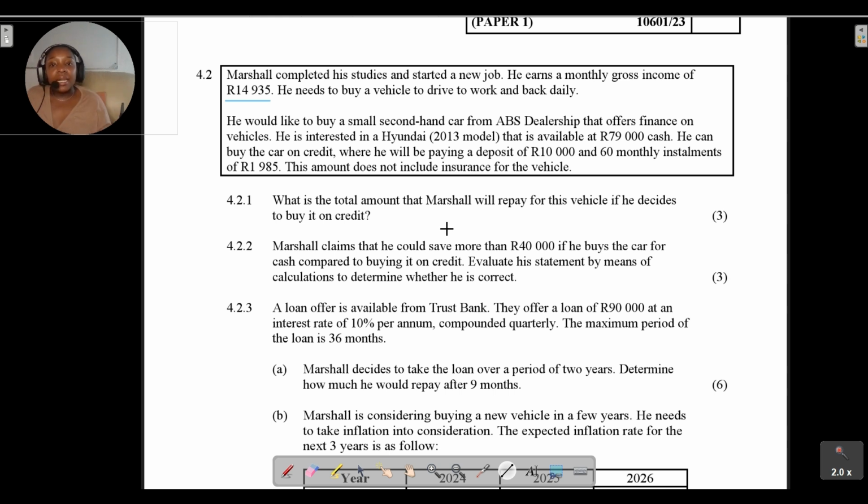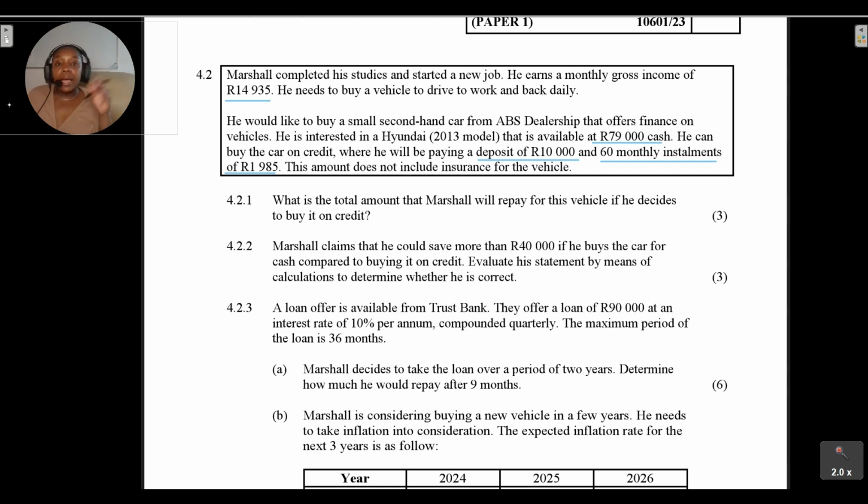He is interested in a Hyundai 2013 model that is available at 79,000 cash. He can buy the car on credit, where he will be paying a deposit of 10,000 and 60 monthly installments of 1,985. This amount does not include insurance for the vehicle.